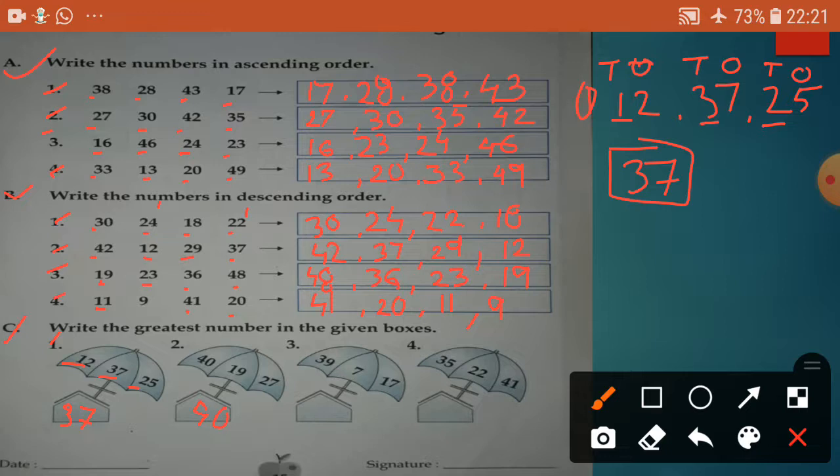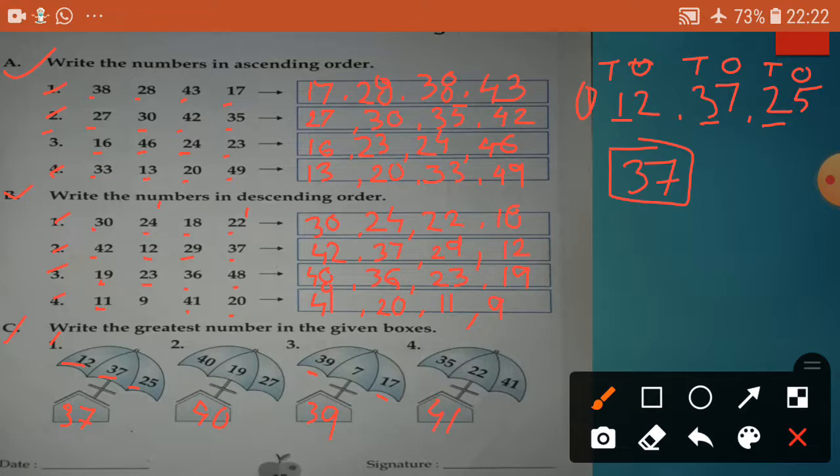So 3 tens, 1 ten. Okay. So 39 is biggest, greatest number. Next 35, 22, 41. Now again you underline tens, ones. 1 ten is not here. 2 tens, 3 tens, 4 tens. So 4, obviously 4 greatest number, 41.